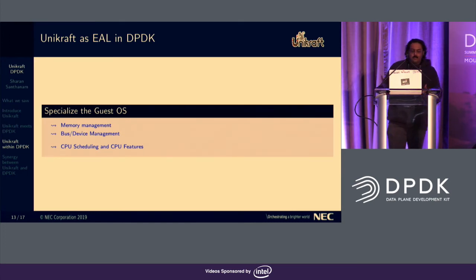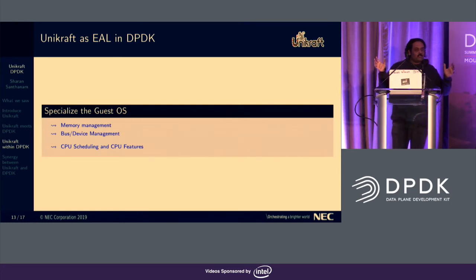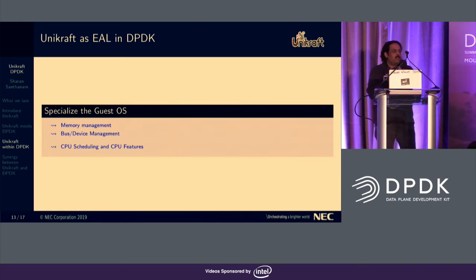The first phase is the EAL support. The primary motivation here was to specialize the guest OS, and we thought we could gradually simplify all the interfaces around device management for the application devices.